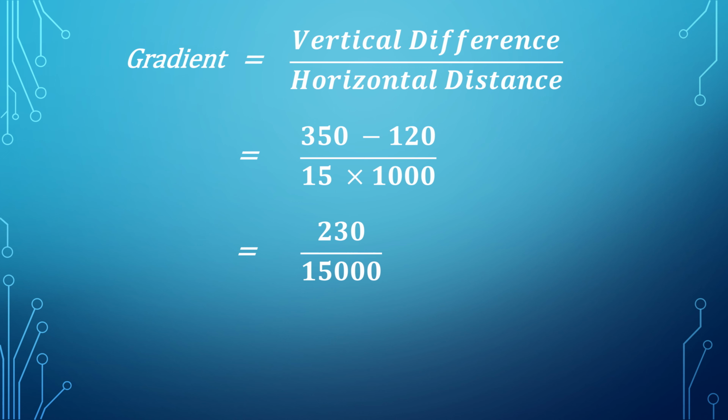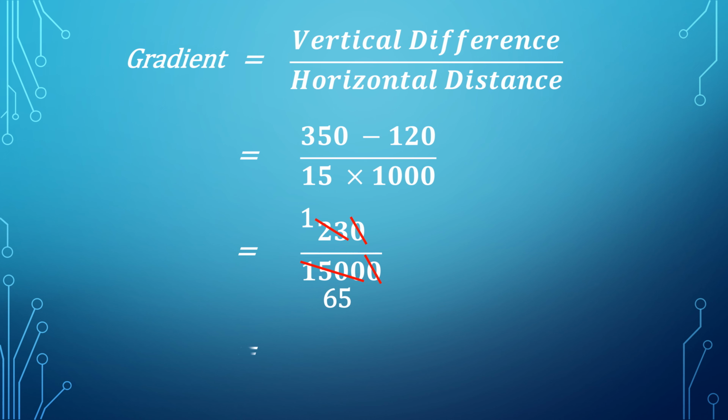Now, we are going to cancel out our zeros. And we're going to now say 23 into itself is 1. And we say 23 into 1,500 is 65.